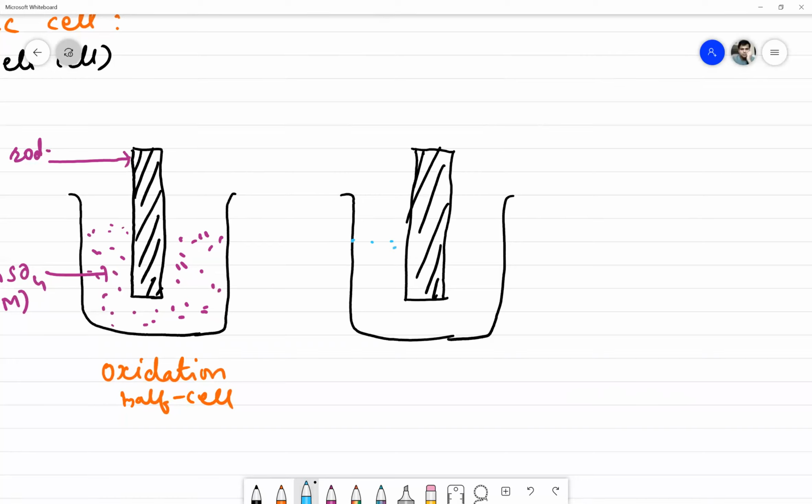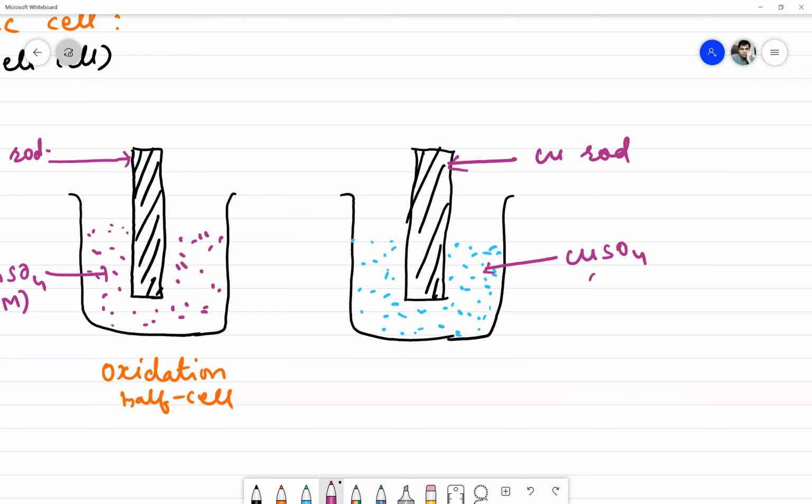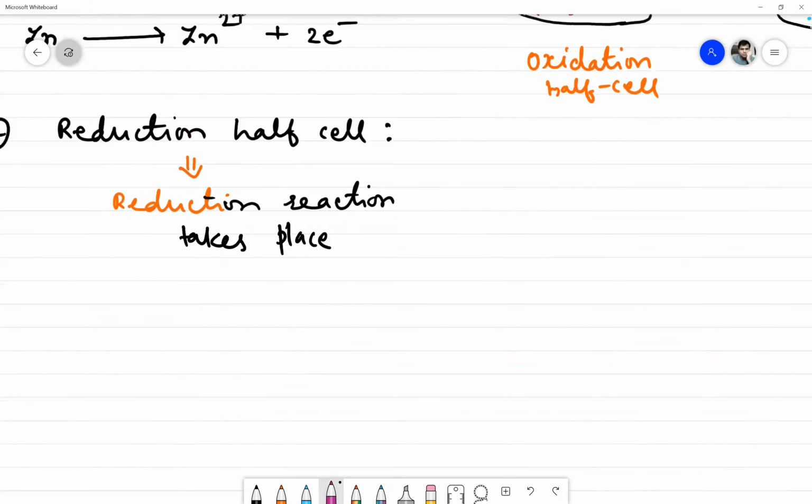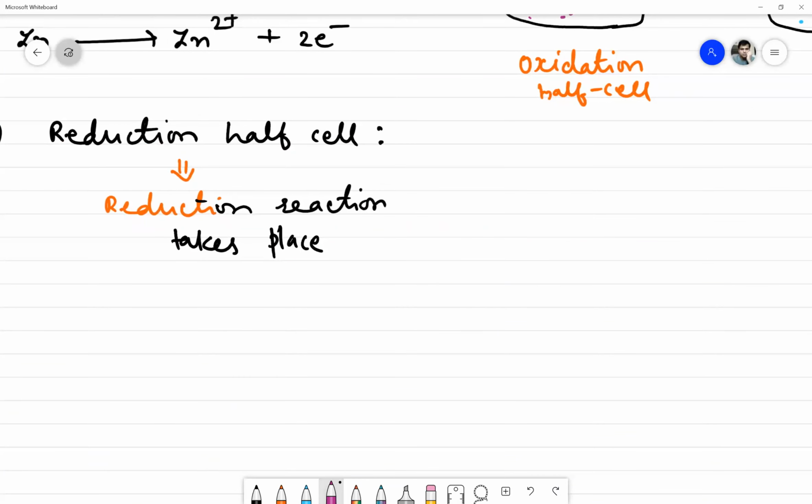Here it is the copper rod, and this is the aqueous copper sulfate solution. Its concentration is also 1 molar. In this part, reduction of copper ions takes place. Copper 2+ ion is reduced to copper metal.